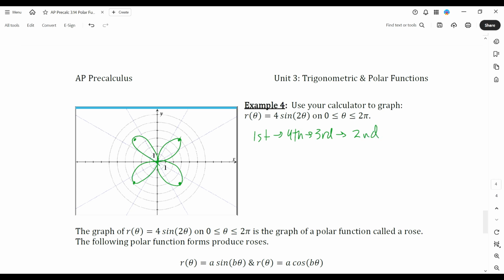Again, I'm always trying to show you how we can do these problems without the calculator. On last year's exam, there are 15 calculator active questions.